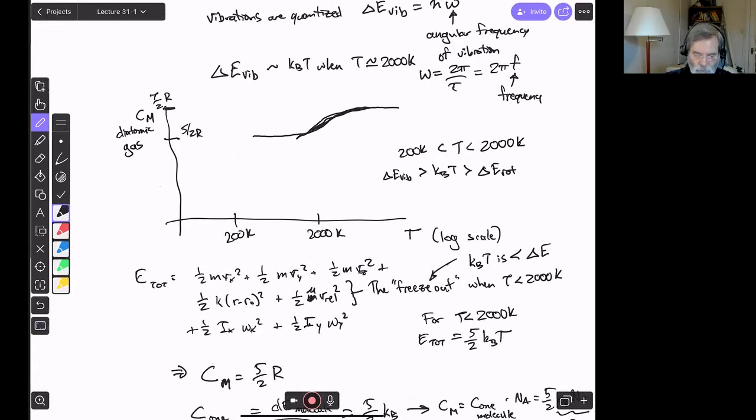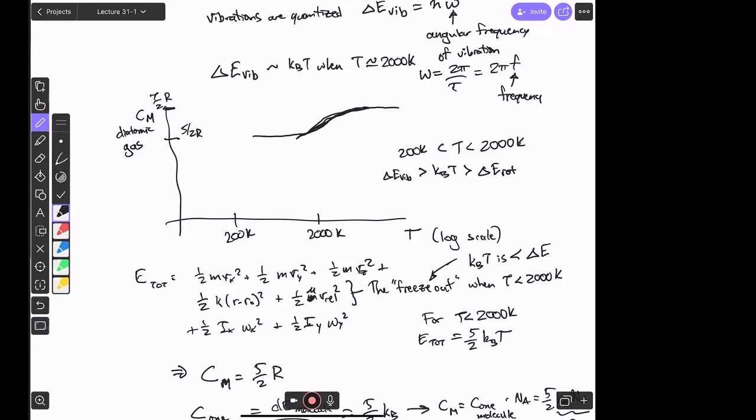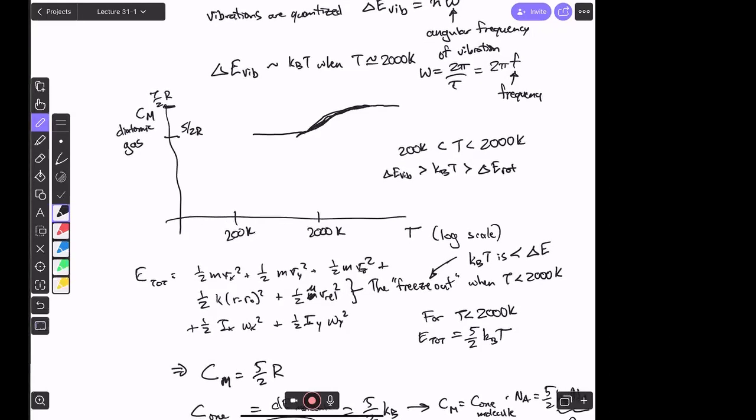Okay, I forget who I was talking to earlier. So who would like to pick up at what happens when we get below 200 Kelvin? Phoebe? So when you get below 200 Kelvin, the rotational energy terms freeze out. Exactly.